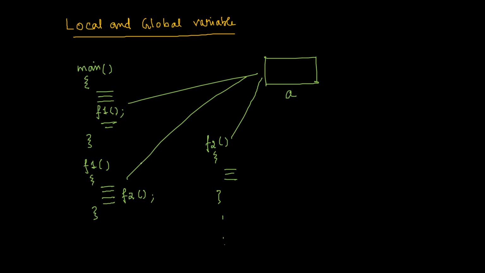Now, I can declare this variable A three times over here, but it does not make a single variable which is shared by all. If I declare this variable A in all the functions, then each and every function will have the same variable name, but their address will be different.